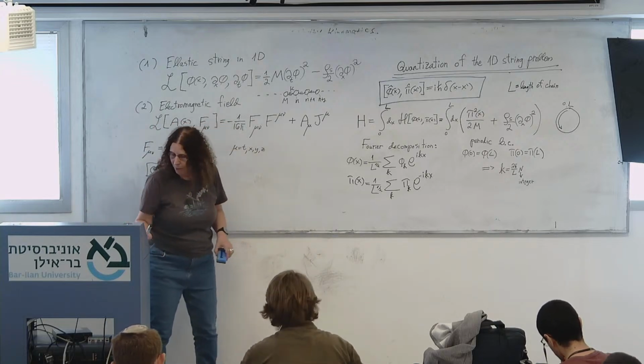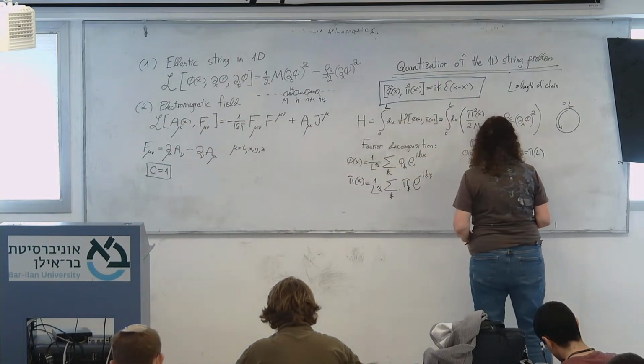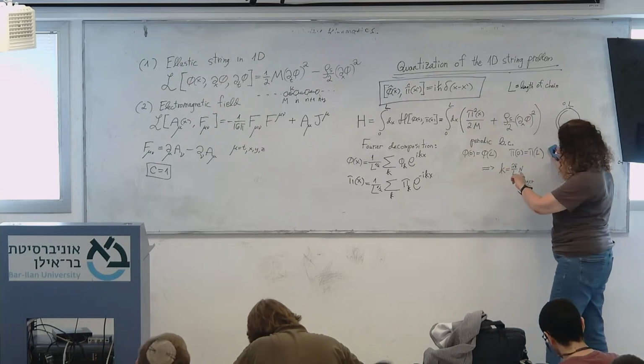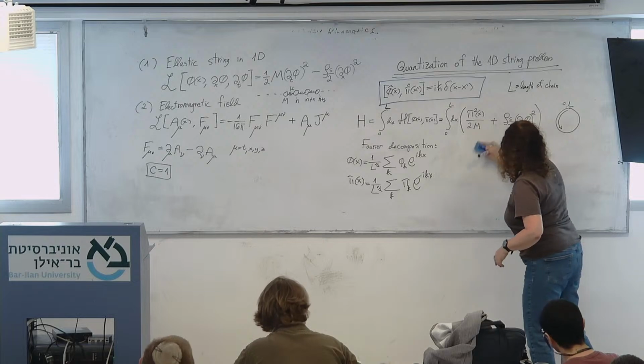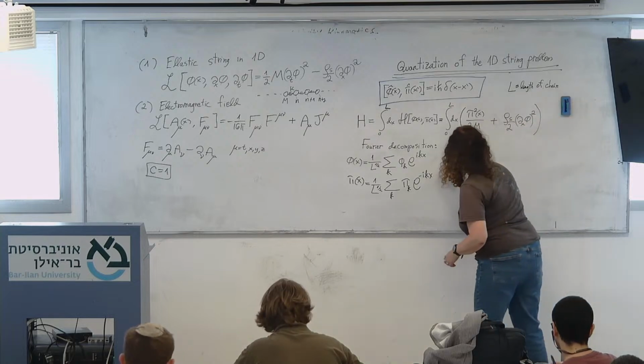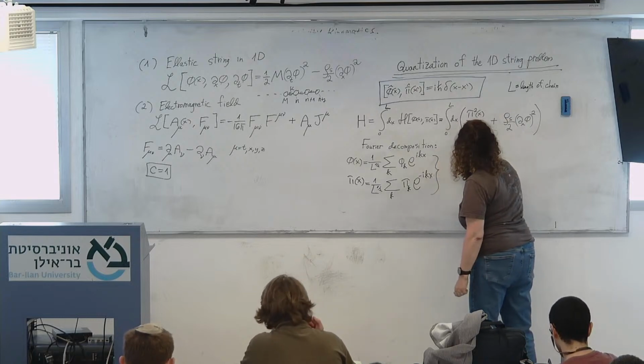Now, if I write the inverse transform to get explicit expressions for the phi's, from here I can write the inverse transform.